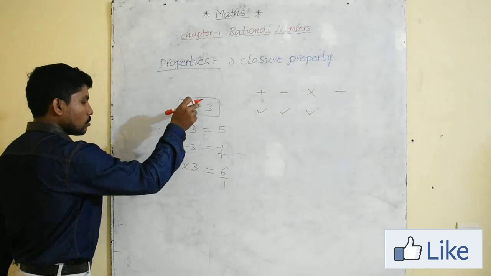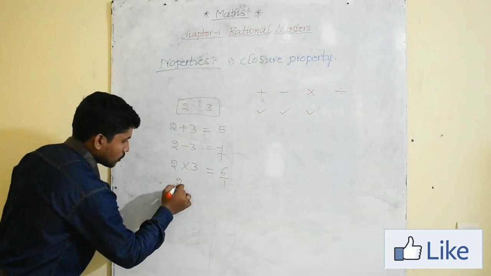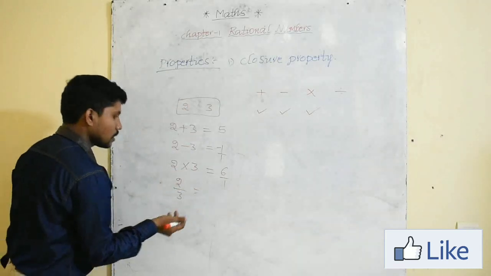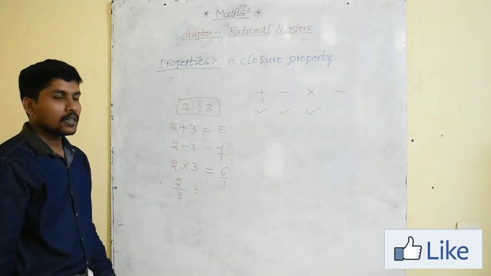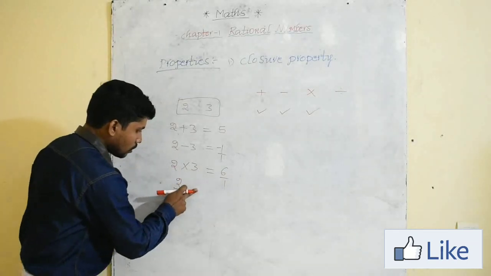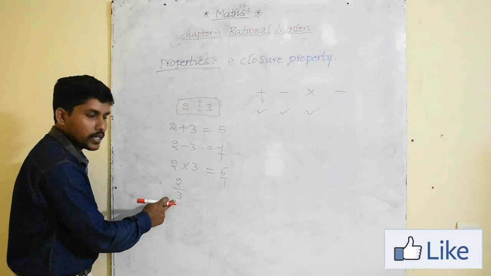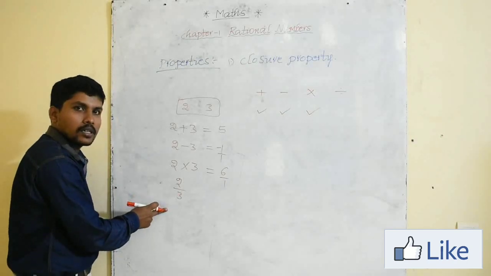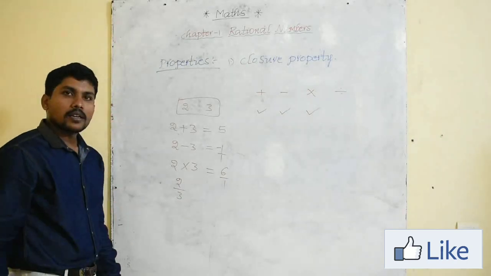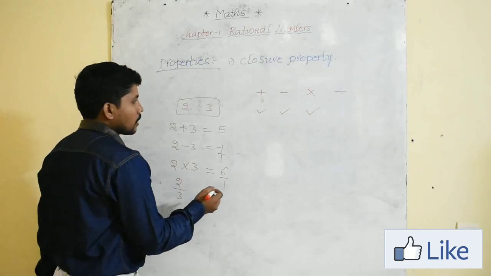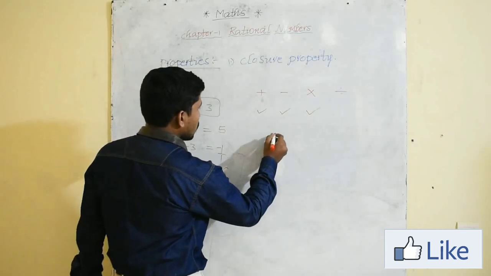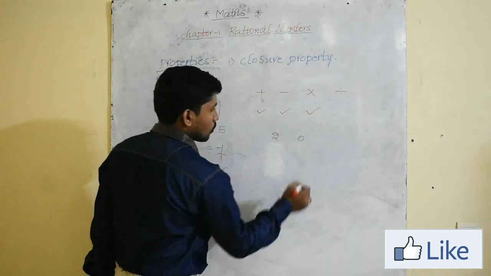If you take these two numbers for division, you get a result, a rational number, 2 by 3. But when the denominator is 0, then it is not a rational number. So for that, I am going to take another example, 2 and 0.